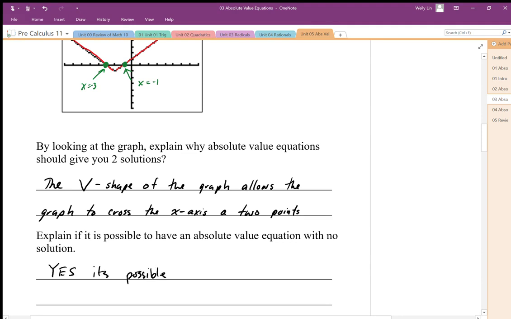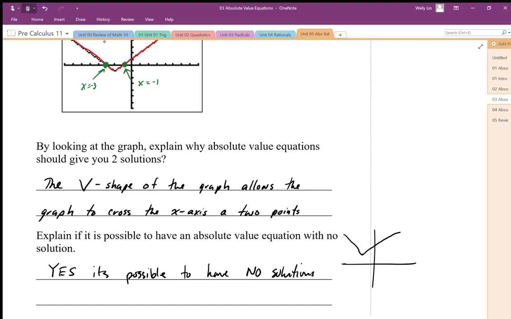Maybe we don't quite understand the math yet, but we can physically see that it is possible to have no solutions, because a V-shaped graph could look like this, and at no point does it cross the x-axis. Meaning that if we make the equation equal to 0, there are no solutions.